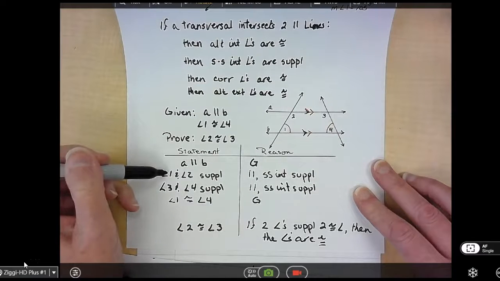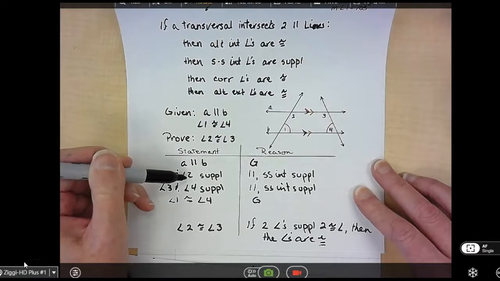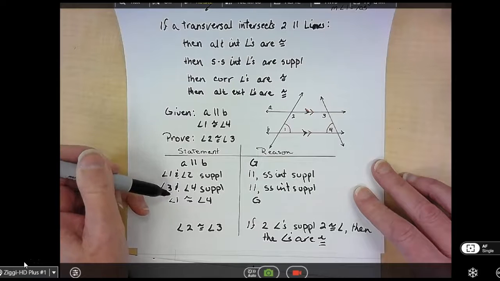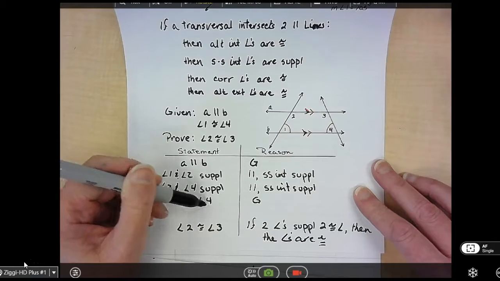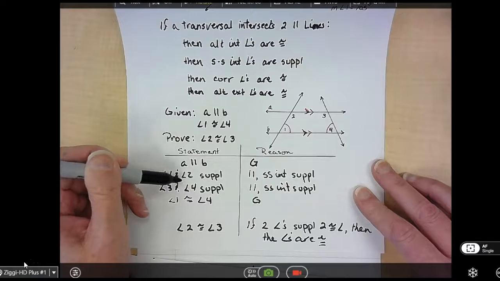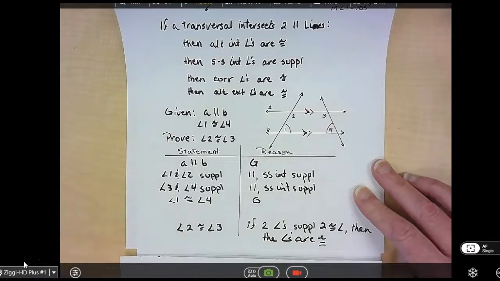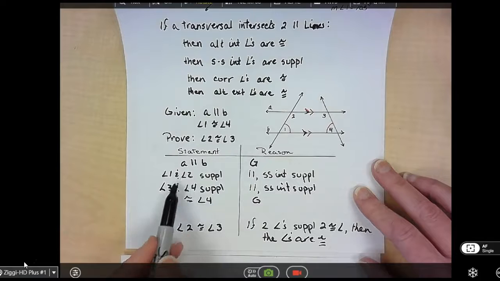So if I look here, angle 1 was supplementary to 2, 3 was supplementary to 4, but they were two angles that were supplementary to the two congruent angles, so angle 2 is congruent to angle 3. Because they were supplementary to congruent angles, the other two angles have to be congruent. And we've done our proof.